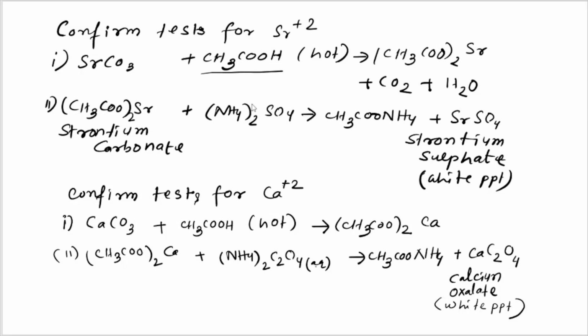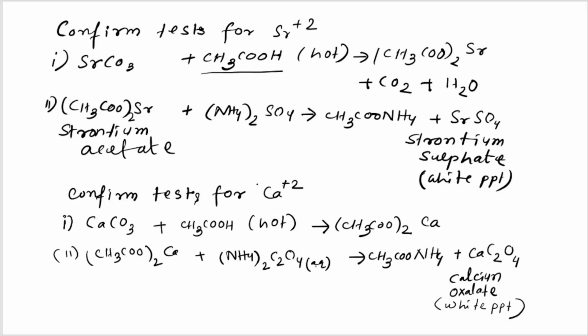You should correct this one, it is strontium acetate. Then this strontium acetate treated with ammonium sulfate gives CH3COONH4. What is this? Ammonium acetate. And this is strontium sulfate, a white precipitate.